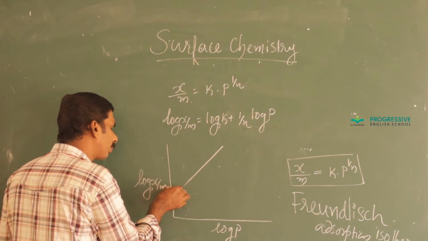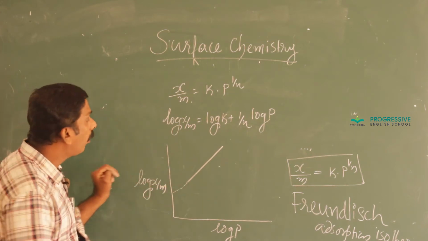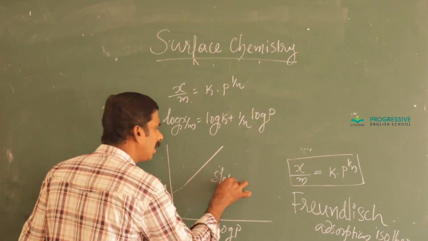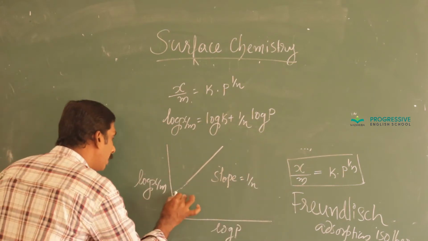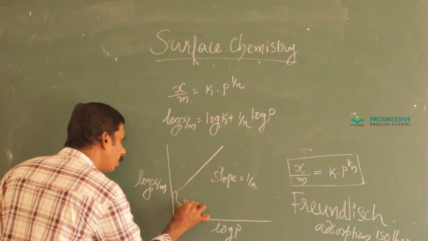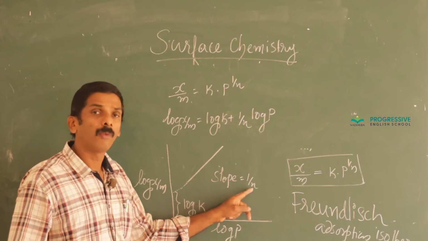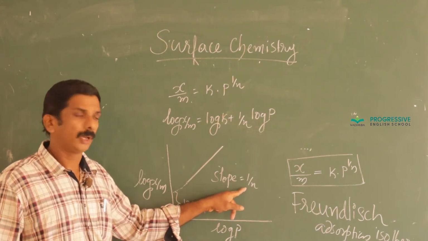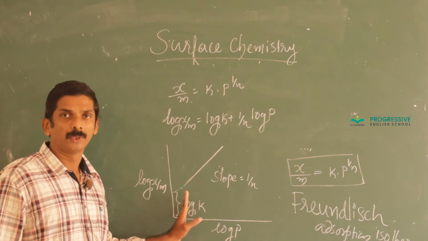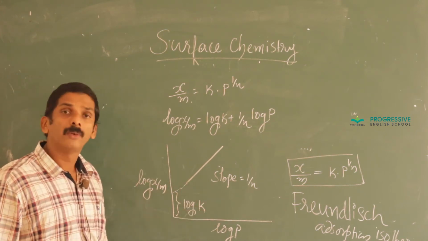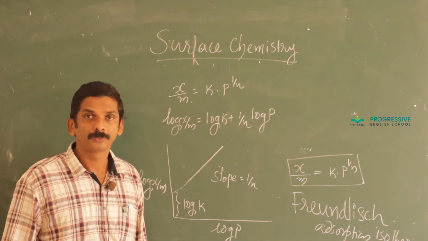We get a straight line with a slope equal to 1 by n and y-intercept equal to log k. If we get 1 by n, then you can calculate the value of n, or if you know the value of log k, taking the anti-log, you can calculate the value of k also. From that, the values of k and n can be calculated.